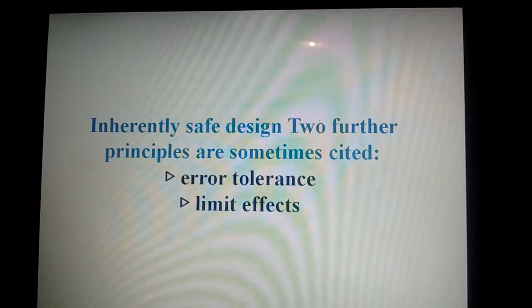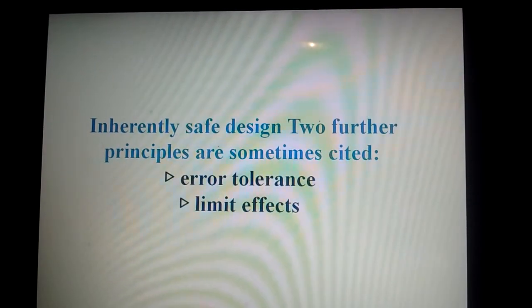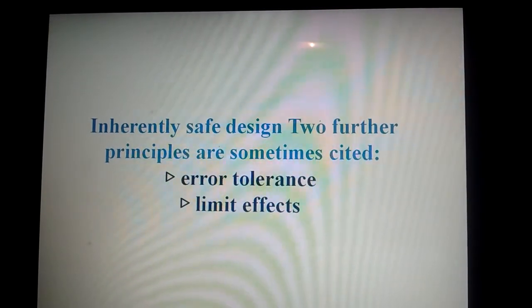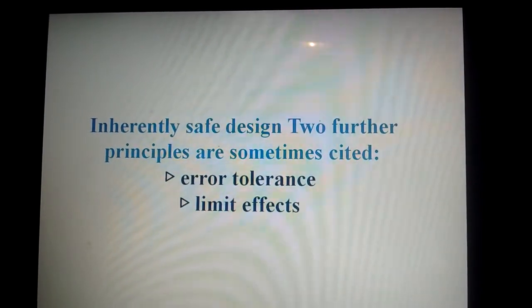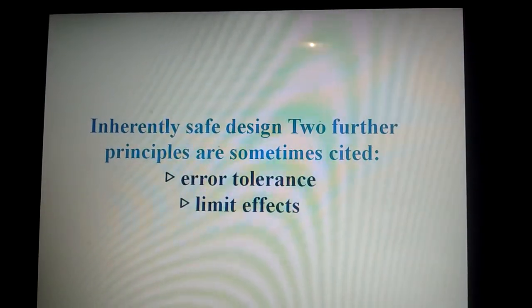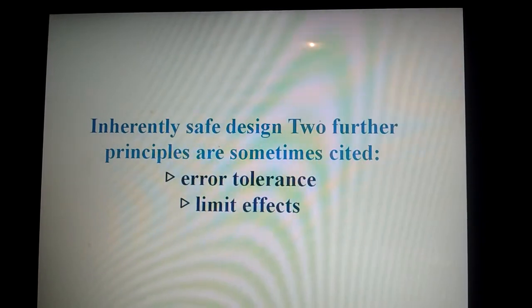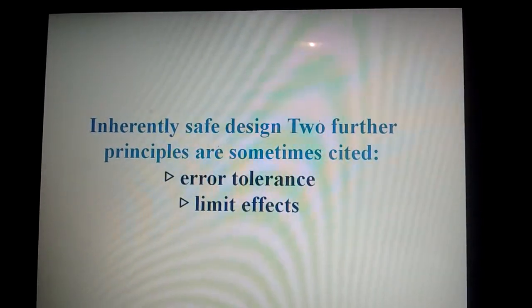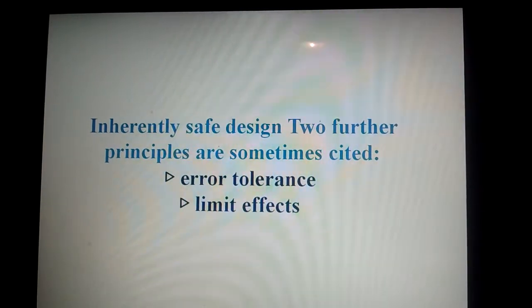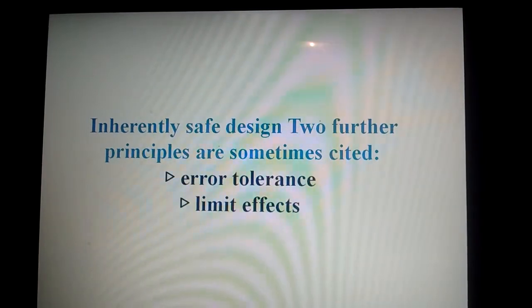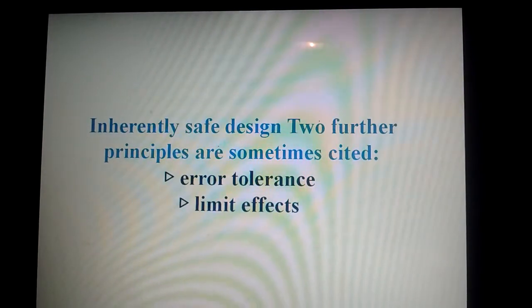Error tolerance is used when equipment and processes can be designed to withstand possible faults or deviations from the design. An example of error tolerance is making piping and joints capable of withstanding the maximum possible pressure if outlets are closed.